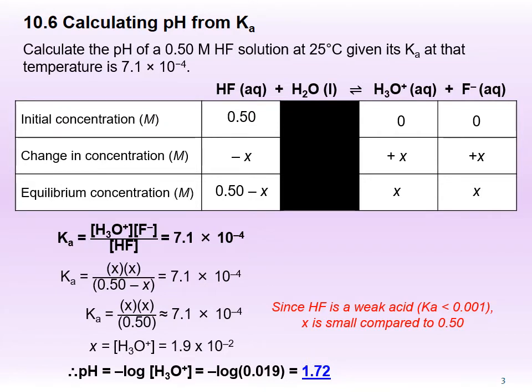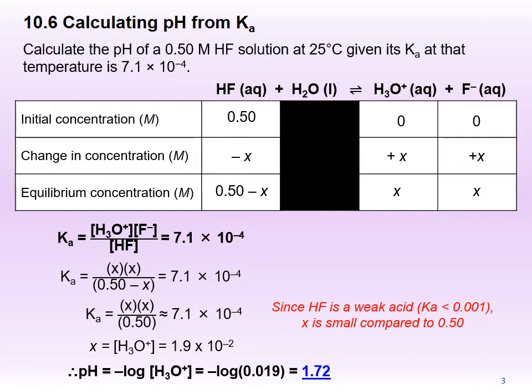Since hydronium and fluoride ions are missing, the system wants to bring them into existence. It calls upon HF molecules to sacrifice themselves to react with water to produce hydronium and fluoride ions. So for the change in concentration C, we write minus X for HF and plus X each for hydronium and fluoride ions.